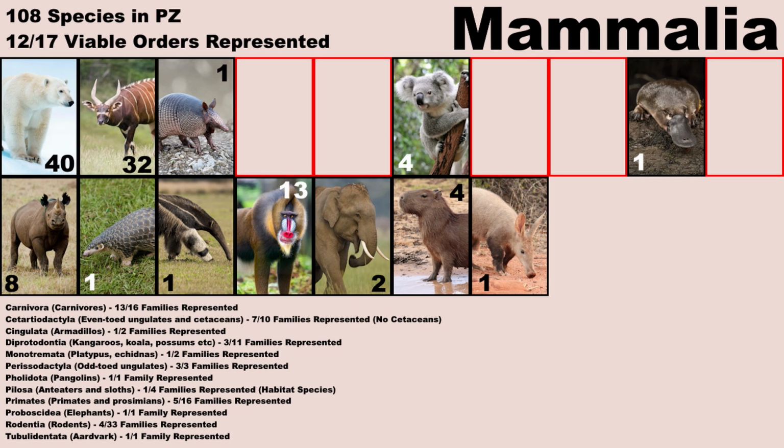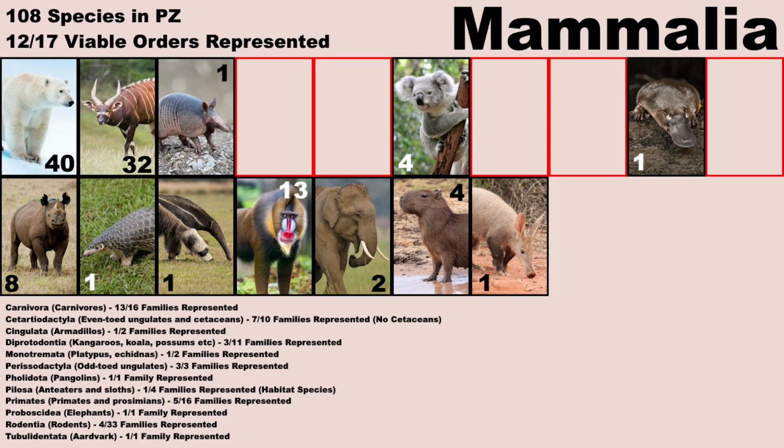We've got 4 marsupials, sort of, well, a certain type of marsupial, kangaroos and koalas and things like that. We have 1 monotreme. We have 8 odd-toed ungulates, 1 pangolin, 1 anteater, 13 primates, 2 elephants, 4 rodents, and then the aardvark. So yeah, not too bad.